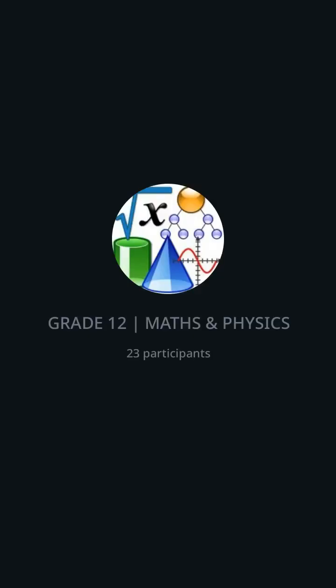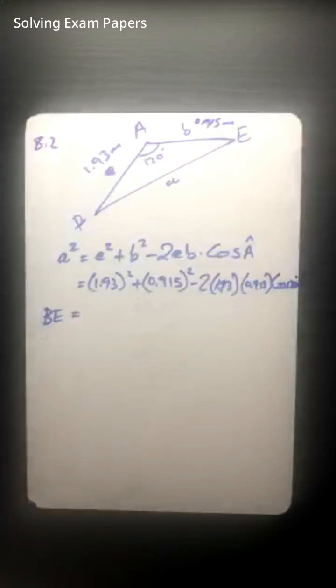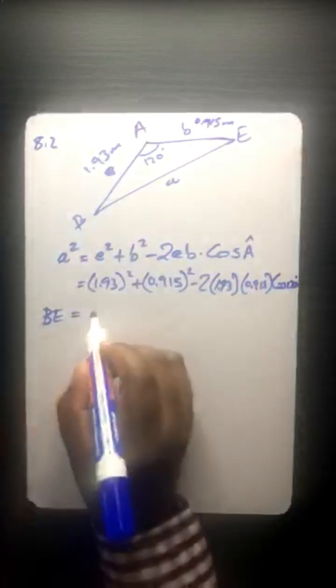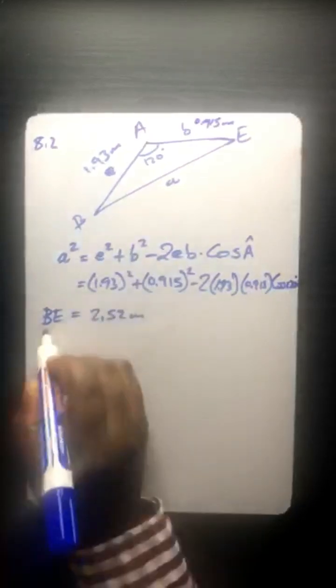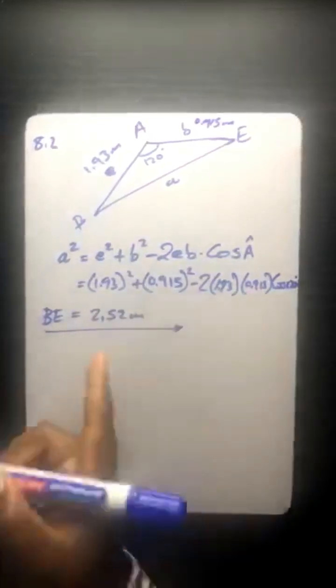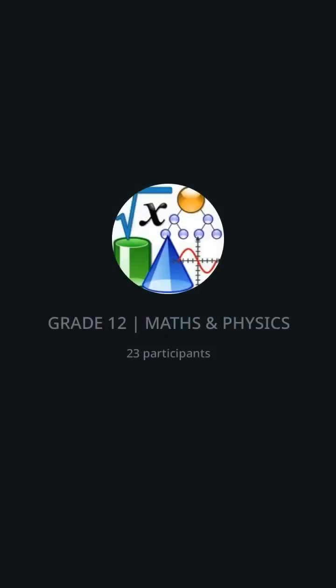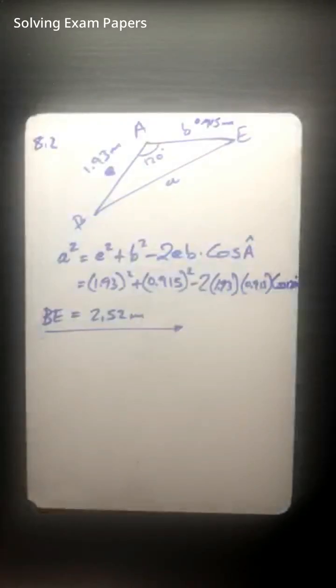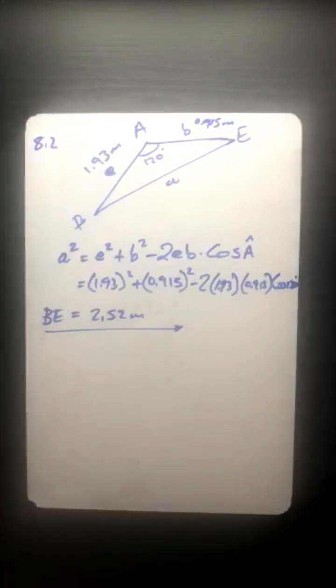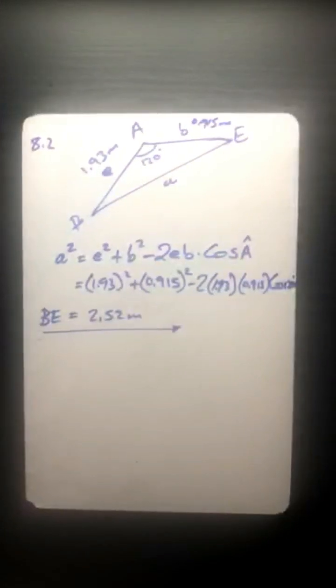What is the value of BE? 2.52 meters. Someone is saying 2.52 meters. Is this answer correct? Is everyone getting 2.52? Precious, are we getting the same value there, honorable member? Yes, sir.